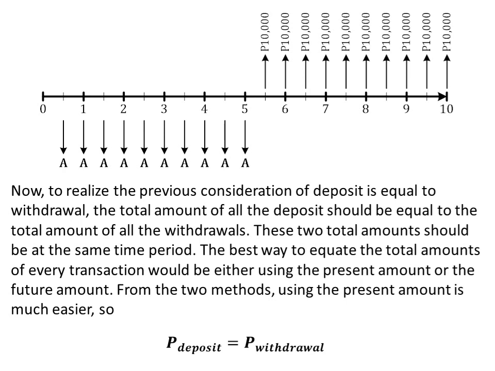So, to get F, you need P. So, since you need P anyway, just use the present amount to compare the two. Okay? Rather than using the future amount, you can just use the present. Okay? So here, the present amount of all deposits should be equal to the present amount of all your withdrawals. Okay? Again, you can only do this if they are on the same time period.